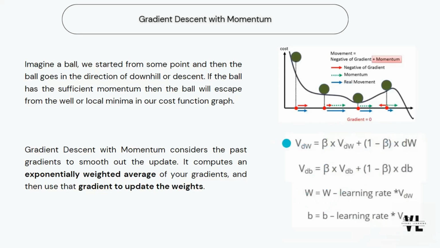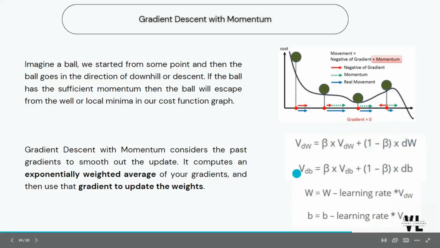So this formula is kind of similar to the exponentially weighted average. For the weight W, for the gradients dW, we are using the exponentially weighted moving average formula to compute the new gradients. So we use the previously computed gradients so far, and we multiply them by beta plus 1 minus beta multiplied by the new gradient.